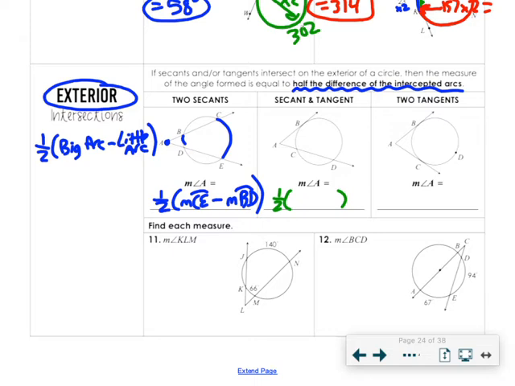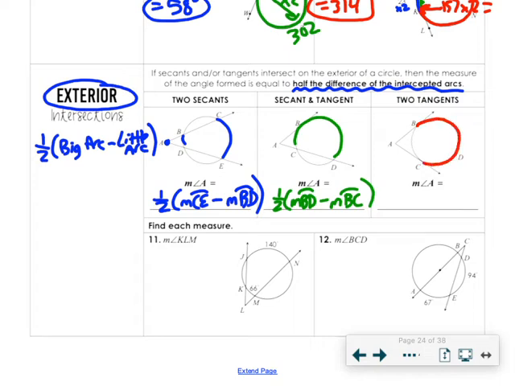So if it's a secant and a tangent, same thing. The big arc is here, BD. So arc BD minus, I'm going to give myself a little more space, the measure of the little arc, BC or CB, doesn't matter. If it is two tangents, same thing.